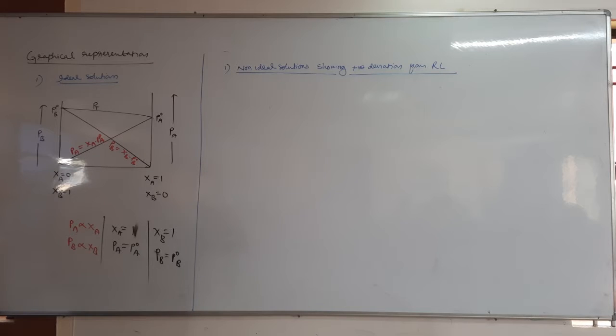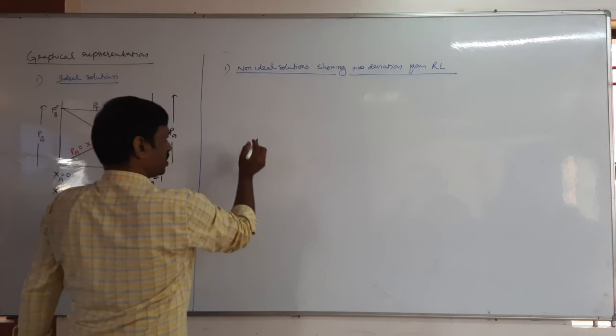And tell me, non-ideal solution showing positive deviation from Raoult's law. What is the graphical representation?